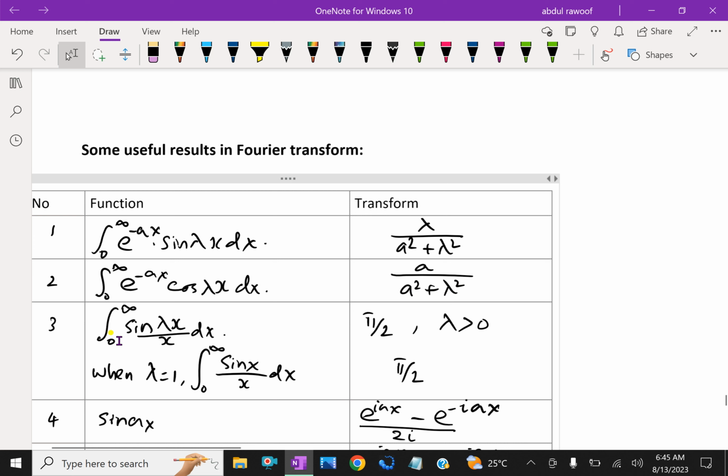Third: integral 0 to infinity sine lambda x over x dx equals pi by 2 when lambda is greater than 0. When lambda equals 1, substitute lambda equal to 1, and the function becomes integral 0 to infinity sine x by x dx equal to pi by 2.